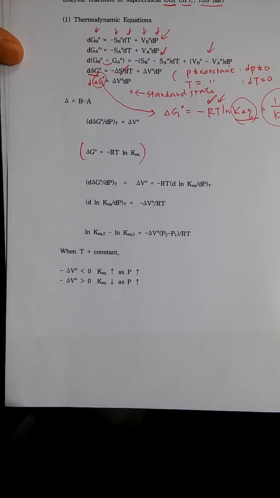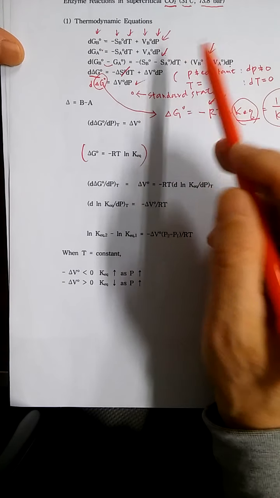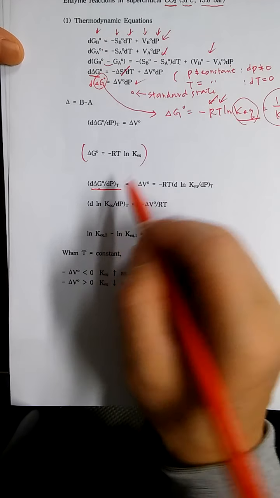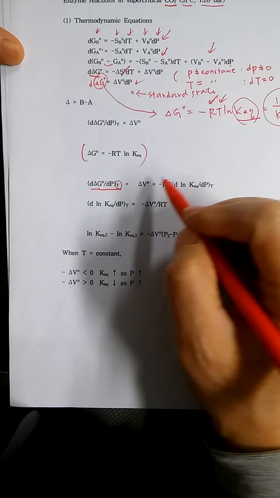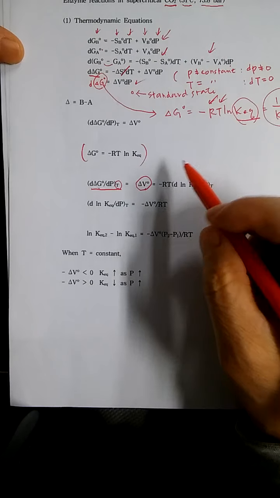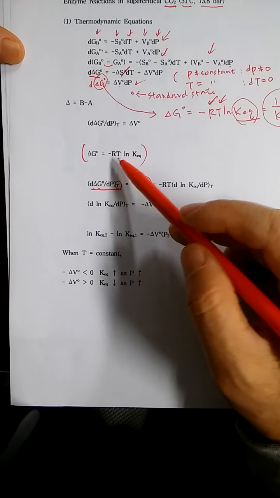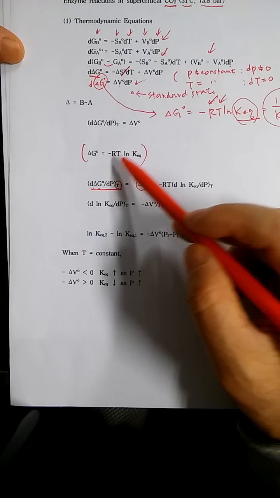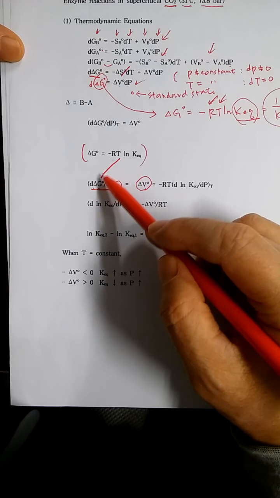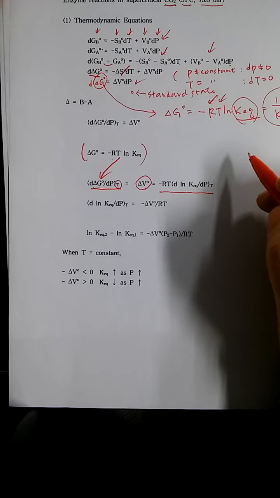As you can see here, d delta G over dP at constant temperature equals delta V, and delta G is expressed by this equation, negative RT ln K. So you can put this relation in here to get this equation.